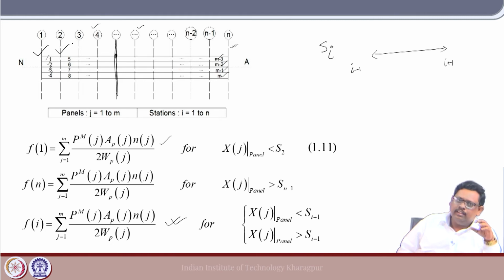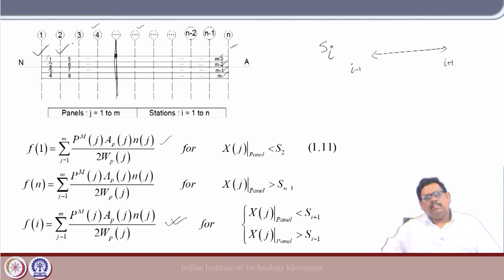If it is not, then this formulation is definitely going to work. However, maybe for impact problems this might not work very nicely. So, this is about how we are transferring the force or the pressure from the panel centroid to the section line.